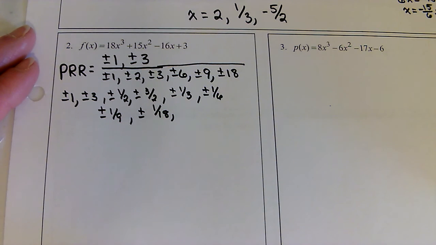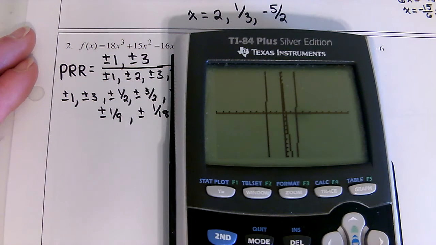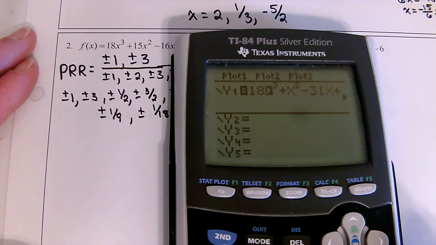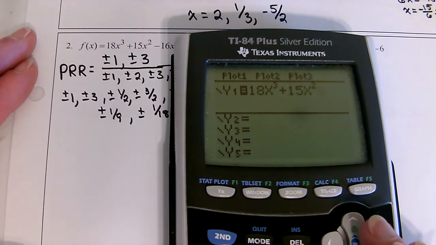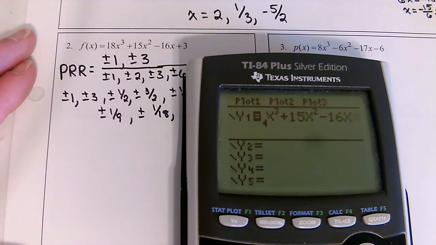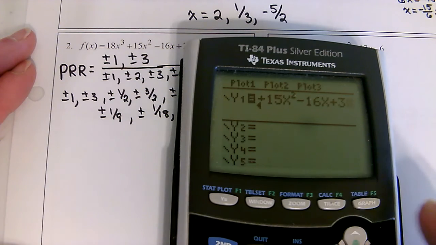Let's see if we can narrow this down. Oops, let me clear that out. 18x to the third plus 15x squared minus 16x plus 3.